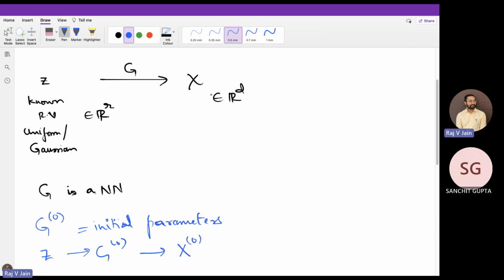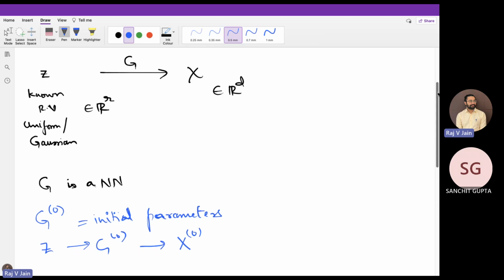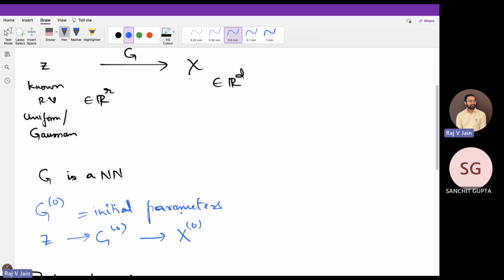Now we know for a fact that X0 is not X, right? So how do we communicate the information back to g that, hey, look, X0 is not X?